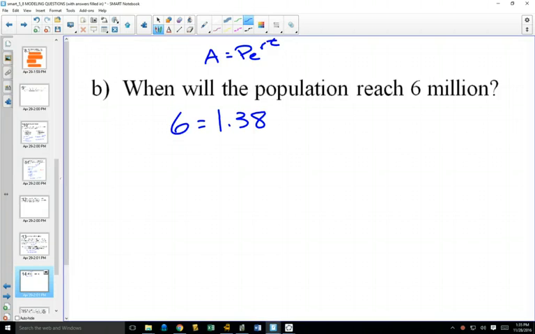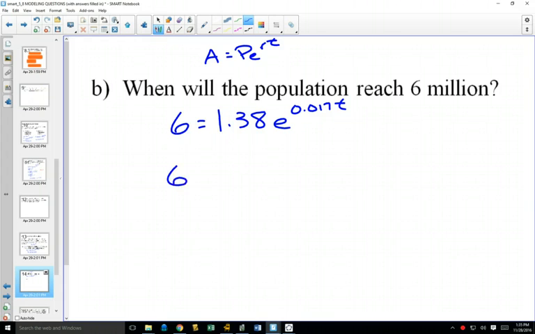Instead of writing 1,380,000, I just do 1.38 and 6. And then I've got e, the rate is still 0.017. And we want to find t.